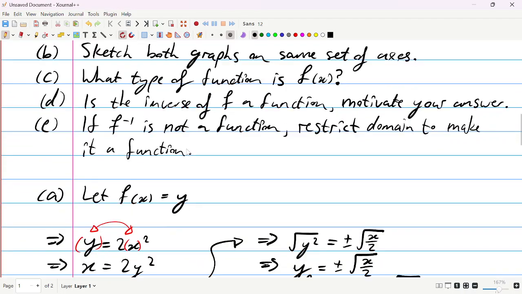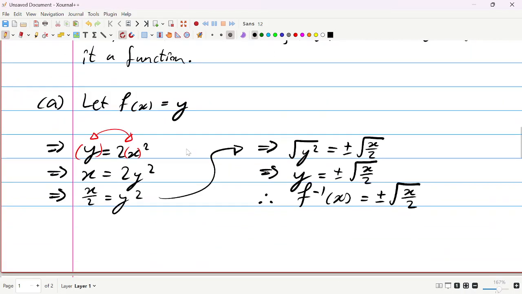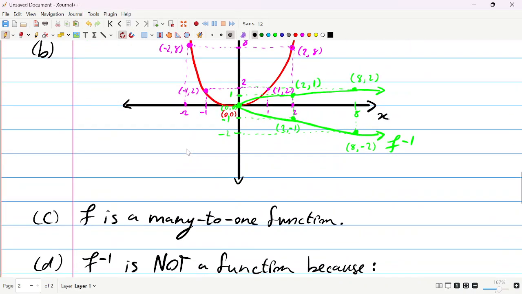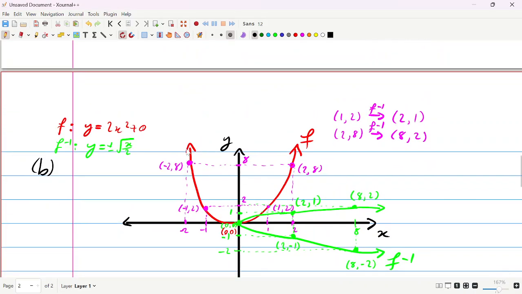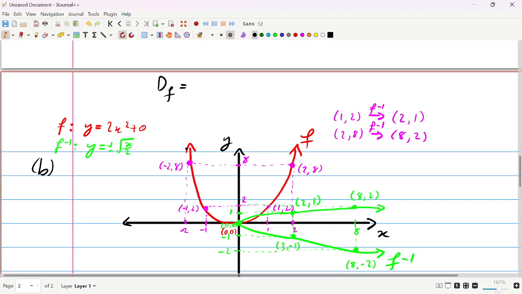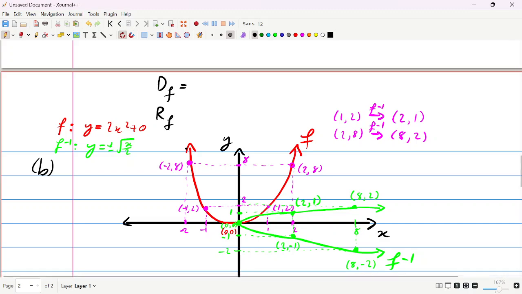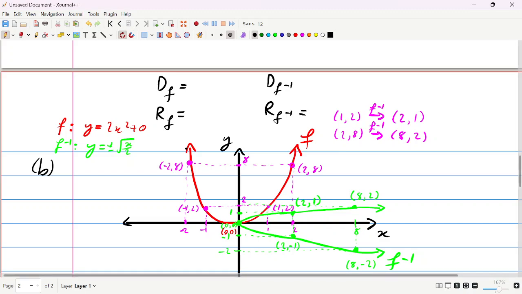Now, what I want you to first do, before we answer number E, is find the domain and range for these functions. What is the domain of f, and what is the range of f? And then what is the domain of f inverse, and what is the range of f inverse?